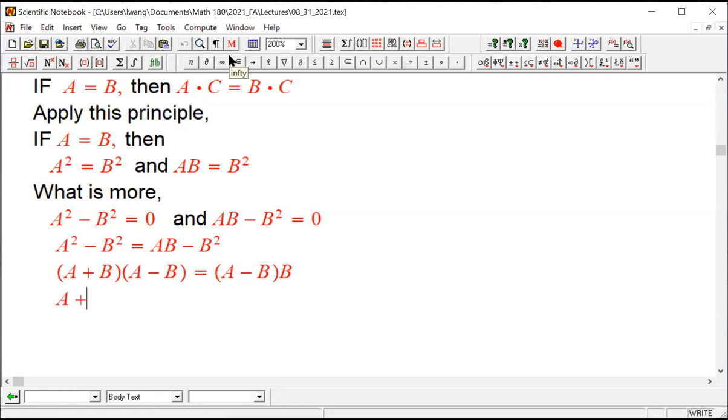And we get A plus B equals B, right? You see, these two are crossed.